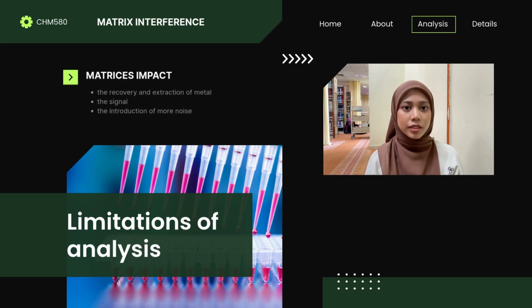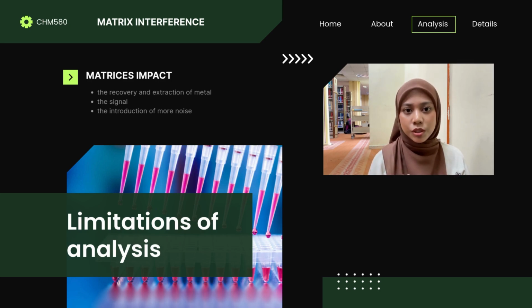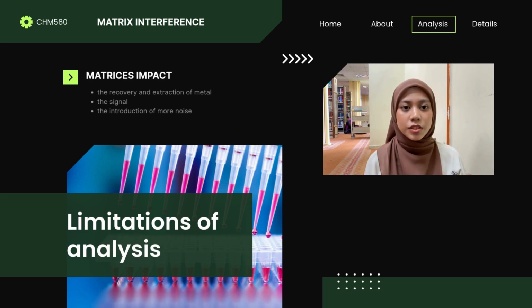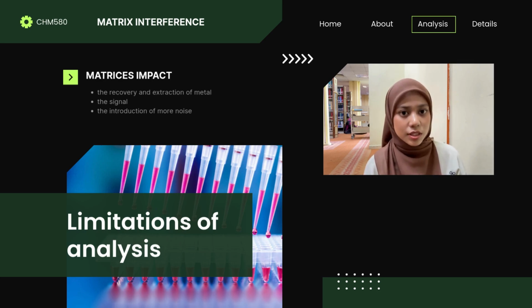Matrix can impact the recovery and extraction of metals. This means the metals might not fully extract from the fish sample, which can affect the results. It also affects the signal by amplifying or diminishing it. Another problem is the introduction of interferences, which make it harder to distinguish the metal signals from the background noise. This can lead to inaccurate readings.